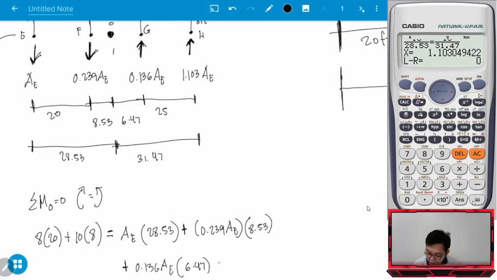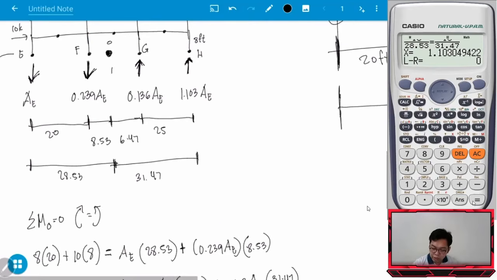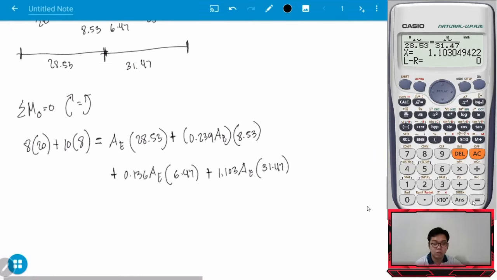And then yung last guys is yung 1.103 AE with a moment arm na 31.47. Again, nag-moment ako guys dito. Diyan. So, yan yung moment arm natin. Okay? So, I think okay na tayo dyan. Notice guys na isa na lang yung unknown mo, which is AE na lang, di ba?